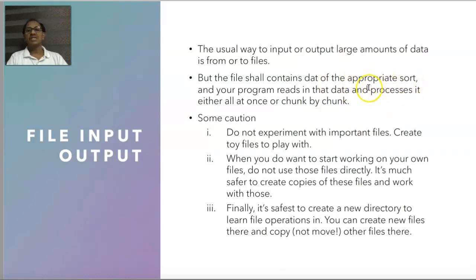Appropriate sort in the sense it has to be either a TXT file or Excel file or WAV file, etc. But we will be looking at only text files, right?